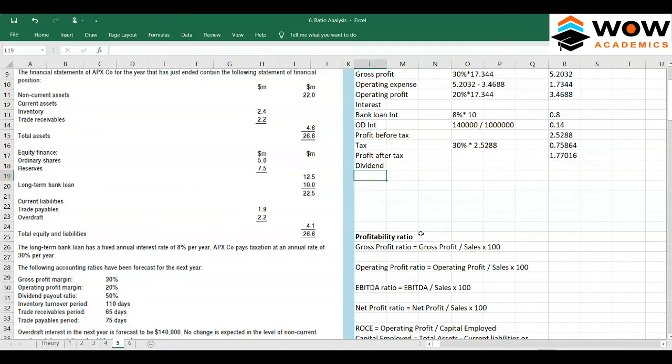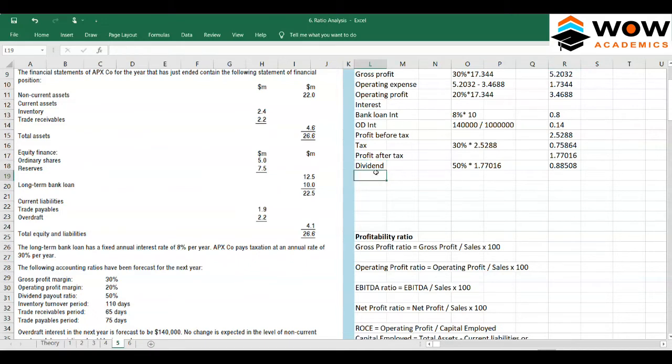So dividend, he says it's going to be 50%. So 50% of 1.77016. So dividend is 0.8508, dividend we got.